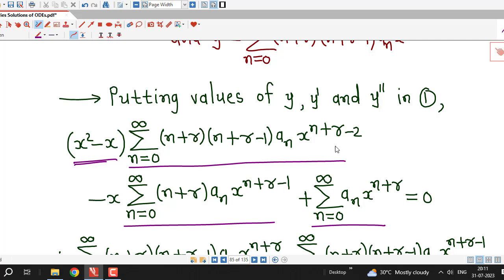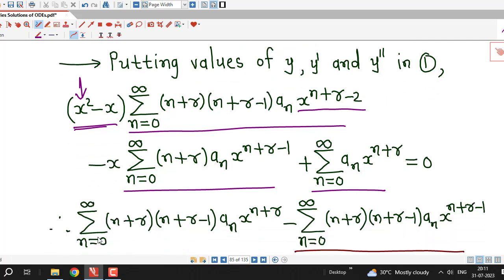In the next step we multiply this x square with this summation and minus x with this summation. If I multiply with x square, which is independent of n, that can be taken inside the summation and it will combine with this power of x, and we have x raised to n plus r minus 2 plus 2, and we will have x raised to n plus r. So that is this summation, minus this quantity into x raised to n plus r minus 2.